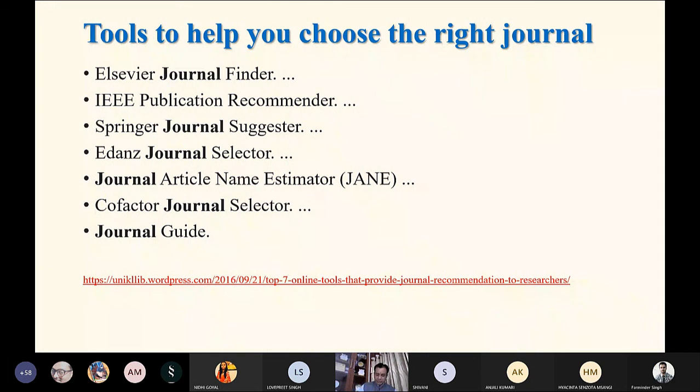Whatever tool we use, you just have to put the title in this tool, and it will give you a list of different journals that you can target for your research manuscript publication. There are even a few tools where you put your abstract in the finder tool, and they will let you know the different journals that you can target for your research paper publication.